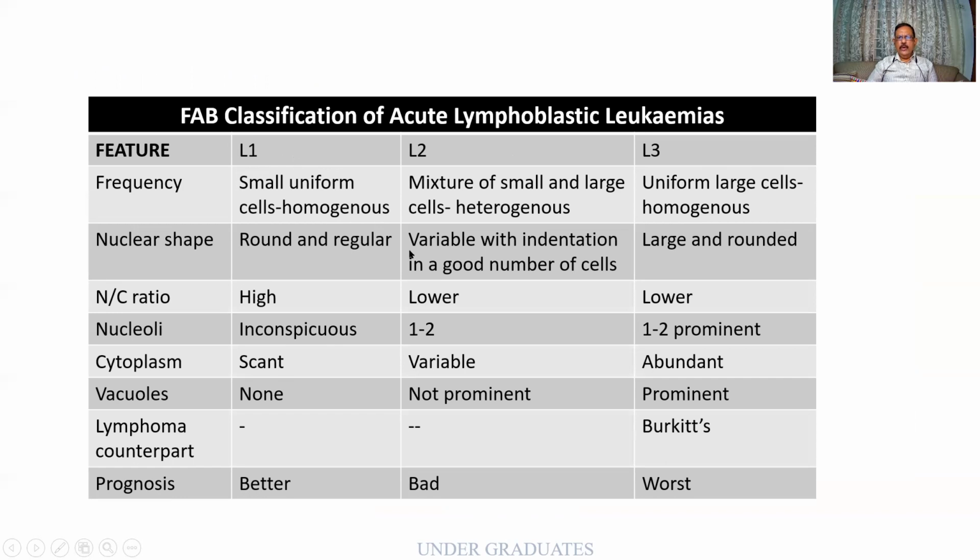The nucleus is also smaller than the rest. NC ratio, that means nucleus is high when compared to the entire cell. There is no conspicuous nucleoli. Cytoplasm is scanty, no vacuoles, and prognosis relatively better than the other two types.